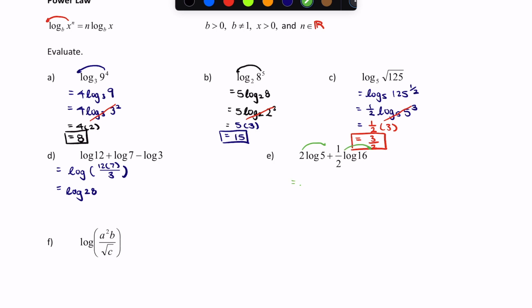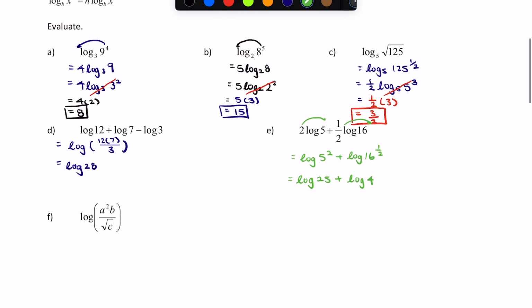Then we can rewrite it as log base 10, 5 to the power of 2 plus log base 10, 16 to the power of 1 over 2. If we calculate that, it'll be log of 25 plus log 4.